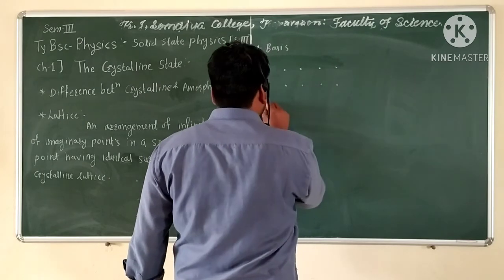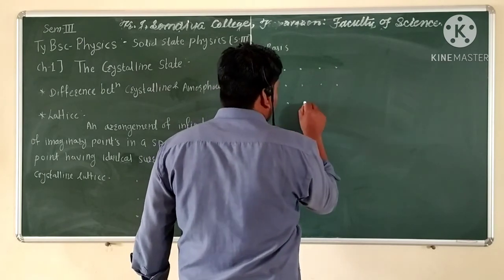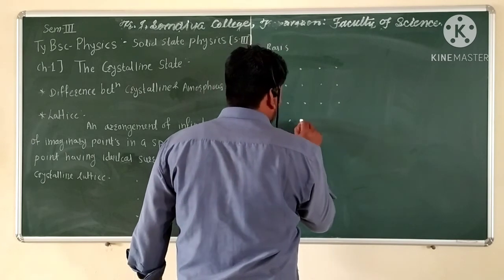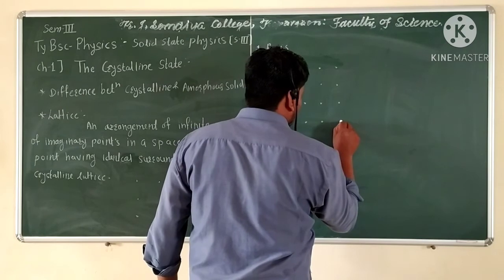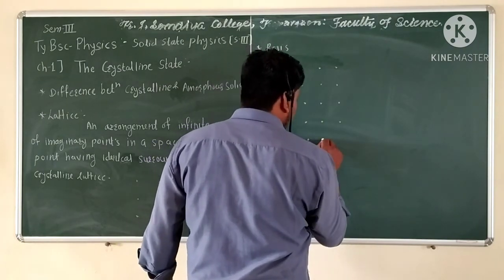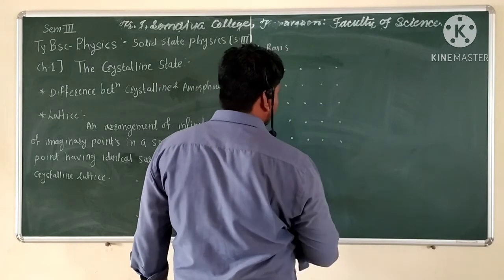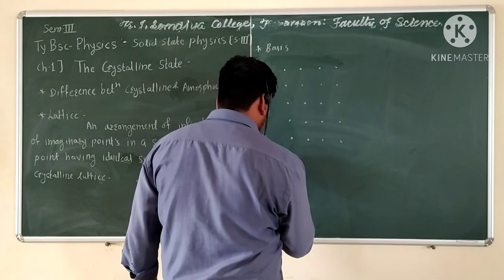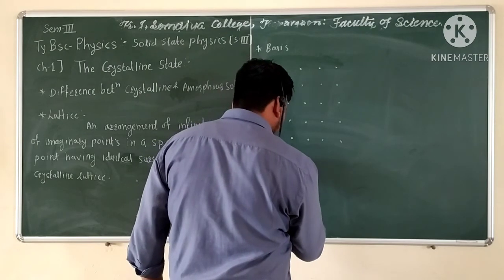This regular arrangement of imaginary points in space, that figure A, is given as the crystal lattice.